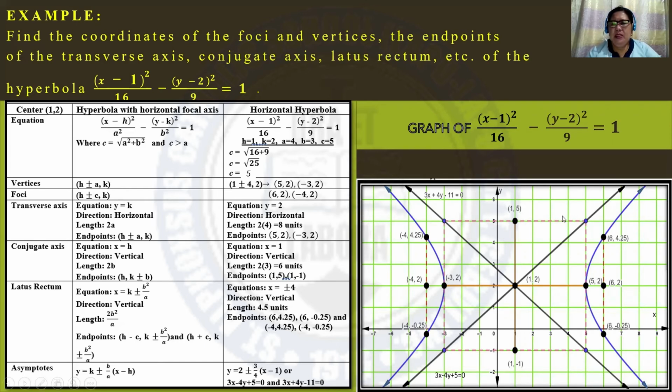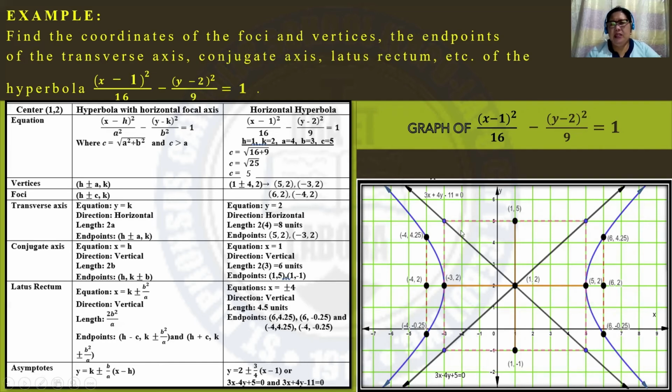And these points are the intersections of the vertices as well as the co-vertices. Then you draw a line passing through this point and this point. This is your first asymptote. This point and this point, this is your second asymptote.